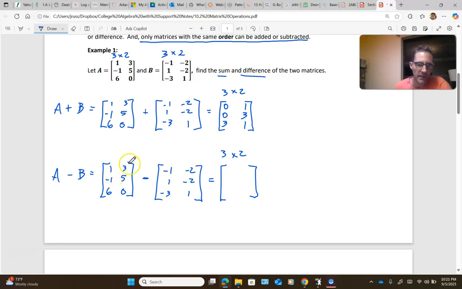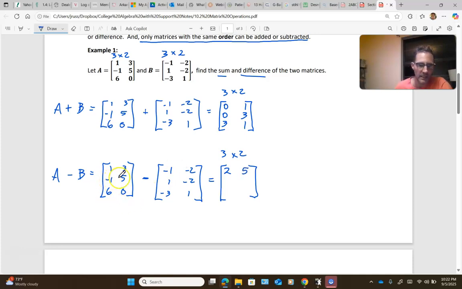So 1 minus negative 1, that's the same as 1 plus 1, which is 2. 3 minus negative 2 is the same as 3 plus 2, and that's 5.